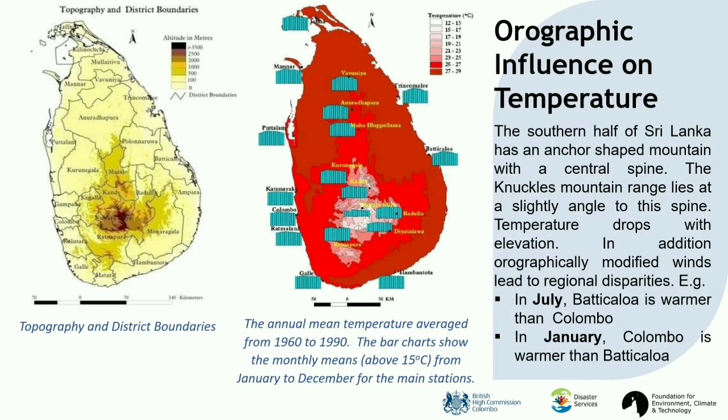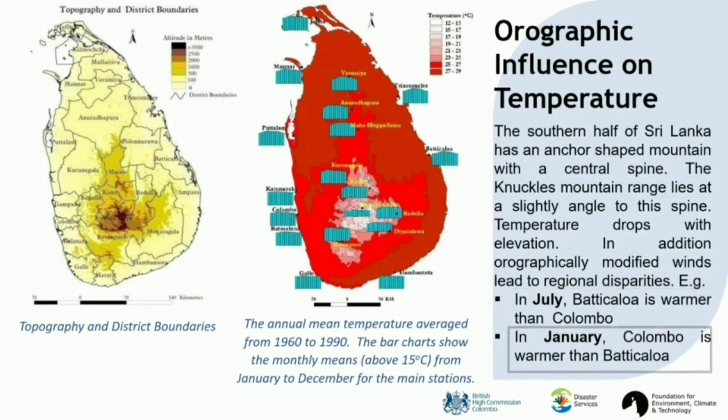The southern half of Sri Lanka has an anchor-shaped mountain with a central spine. The Knuckles mountain range lies at a slight angle to this spine. Temperature drops with elevation. In addition, orographically modified winds lead to regional disparities. For example, in July, Batticaloa is warmer than Colombo.